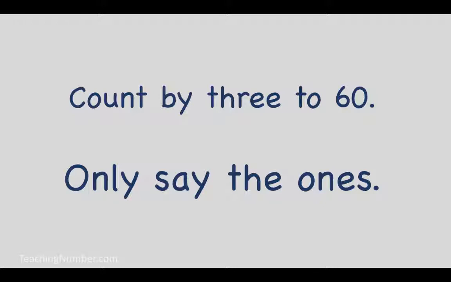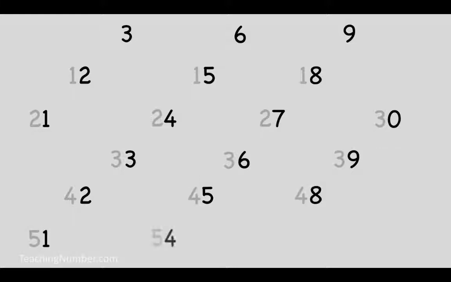Because this is somewhat challenging, we'll slow it down a little bit. 3, 6, 9, 2, 5, 8, 1, 4, 7, 0, 3, 6, 9, 2, 5, 8, 1, 4, 7, 0.